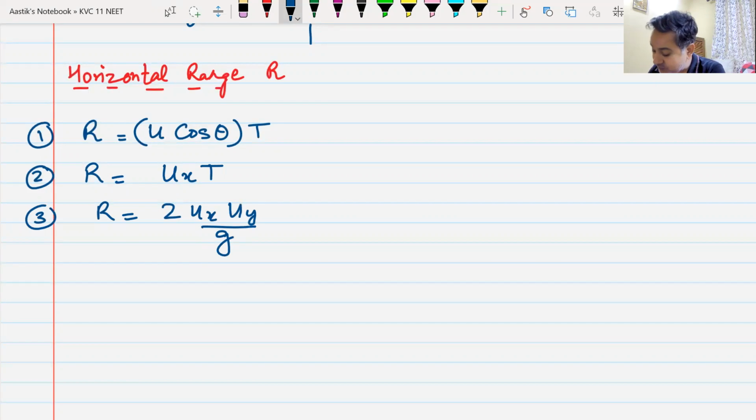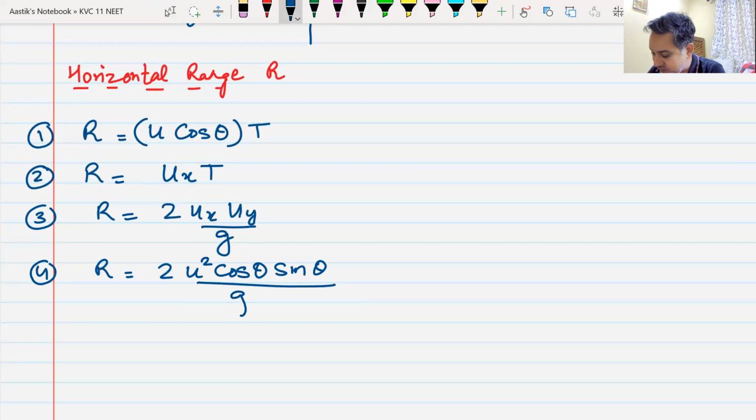Some beautiful forms in which you can write this. Now you can put the value of ux and the value of uy. So you can write it as 2 times u cos theta into u sin theta. So it becomes 2 times u square sin theta cos theta divided by g.